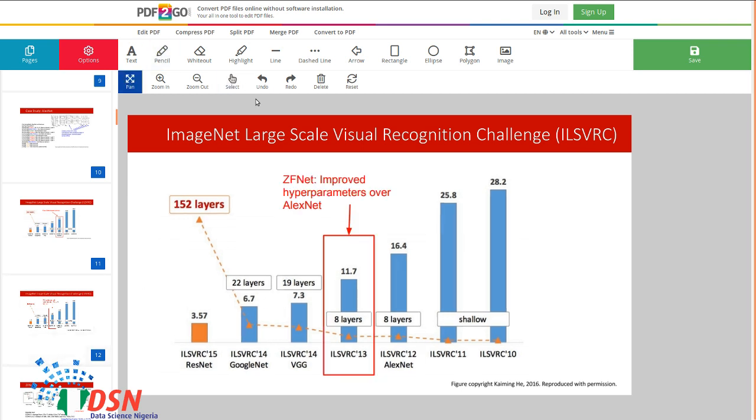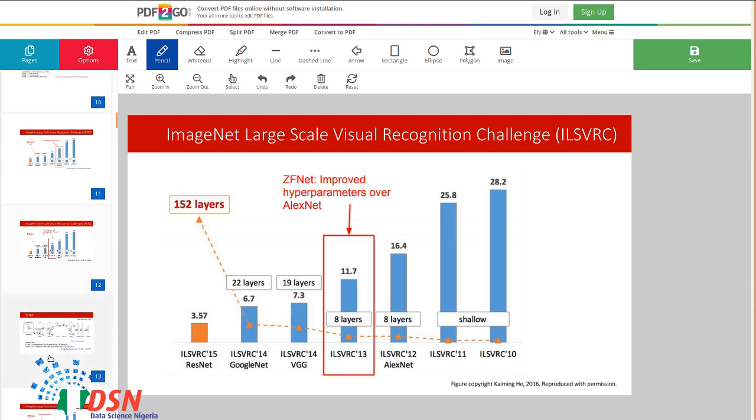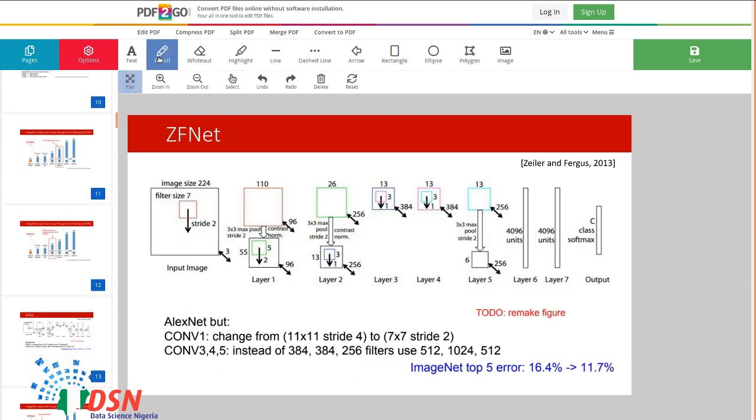Okay, so let's move on to 2013. At that time, ZFNet was proposed by some guys. In fact, ZFNet is like AlexNet.